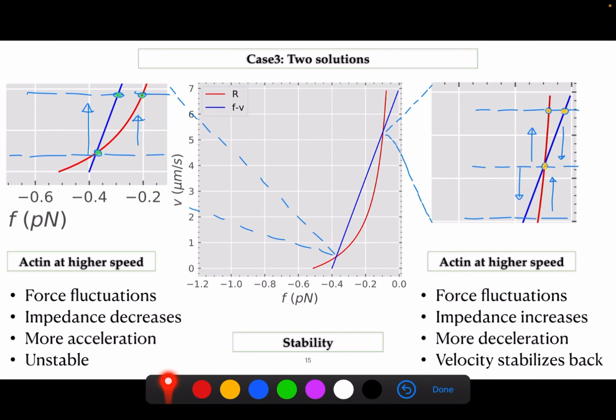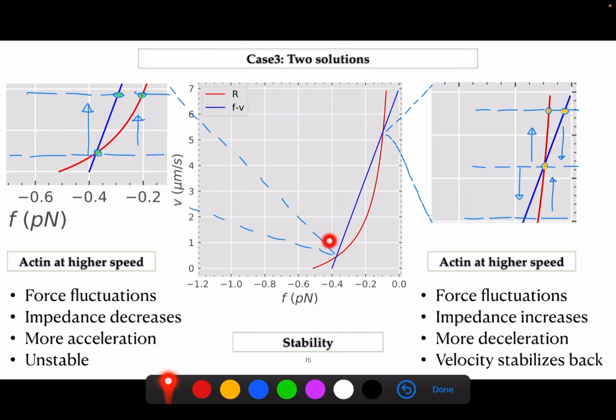If the speed goes down, the impedance decreases, causing the filament to accelerate and still go back to the initial velocity. This is a stable solution.